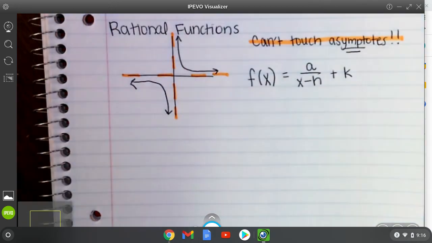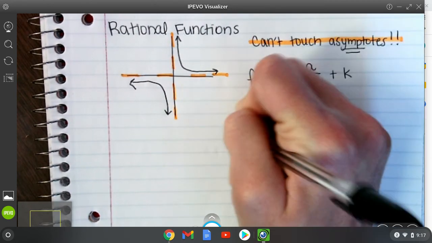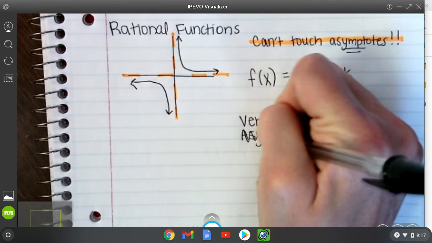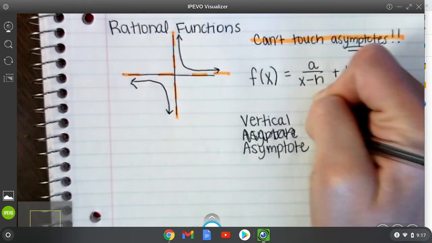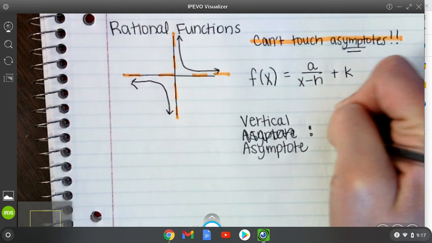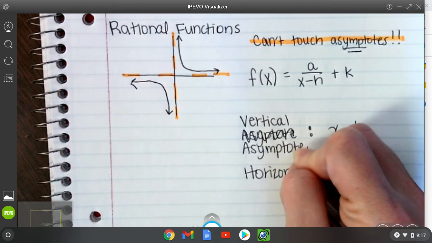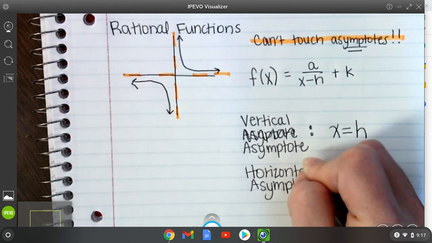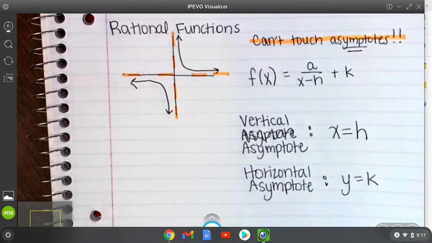But what you really need to know is, for a vertical asymptote, your equation is x equals h. For a horizontal asymptote, because you have both on these, your equation is y equals k. And if you can find those asymptotes, then your domain and range is going to be a piece of cake.